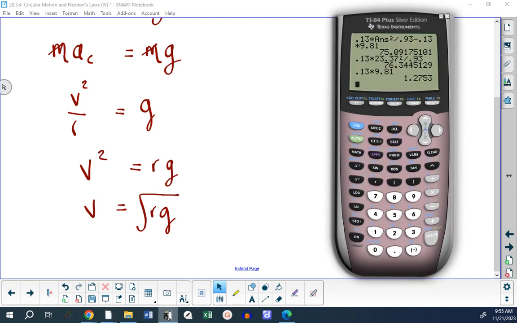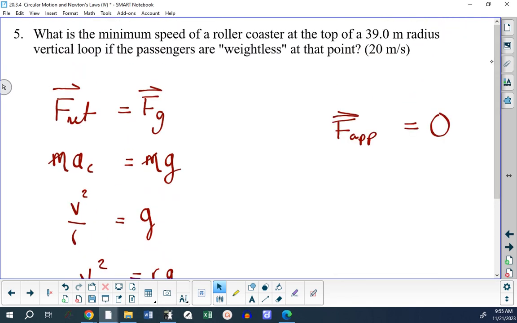Let's see what we get. So about 20 meters per second, which is scary fast on a roller coaster anyway. You multiply that by 3.6, I think you get 72 kilometers per hour. The wind's really blowing your hair back.